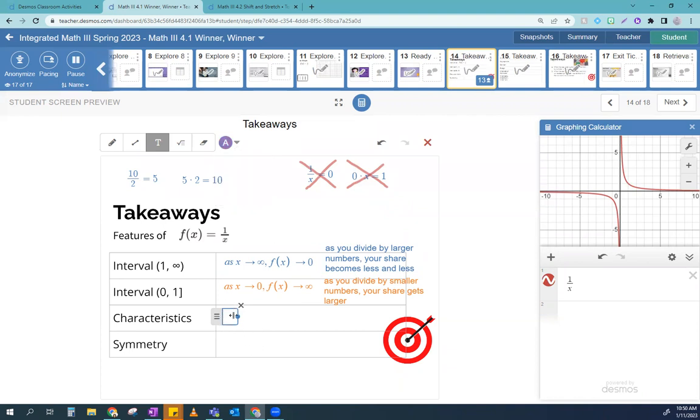We can say something like its inverse is itself. And you're like, what, Miss Johnson? Is that true? Yeah, it's true.